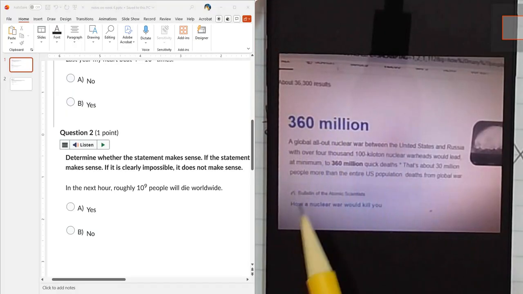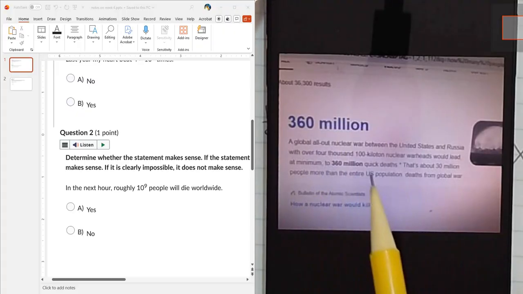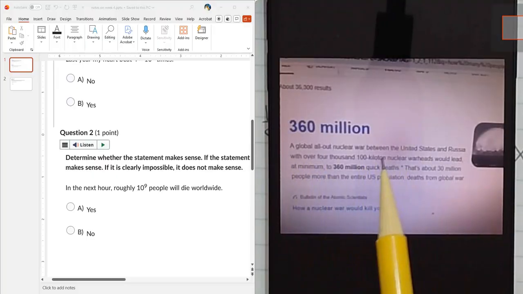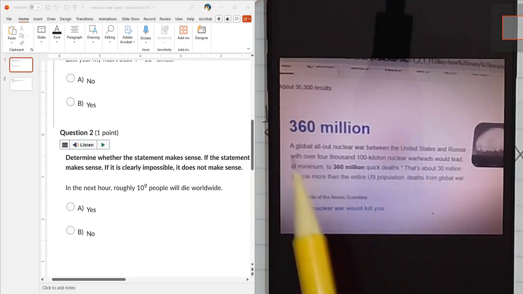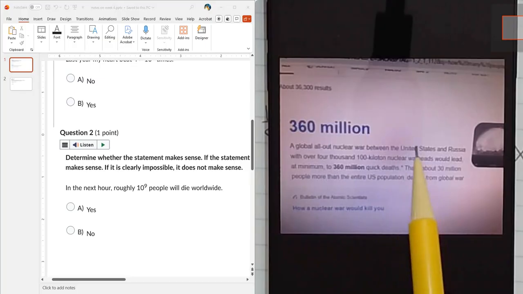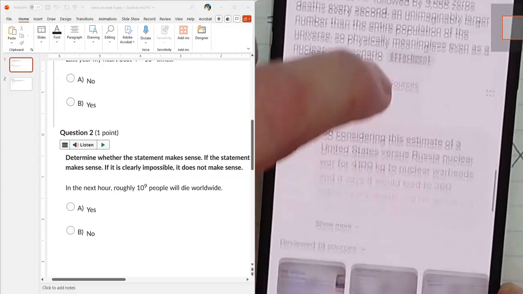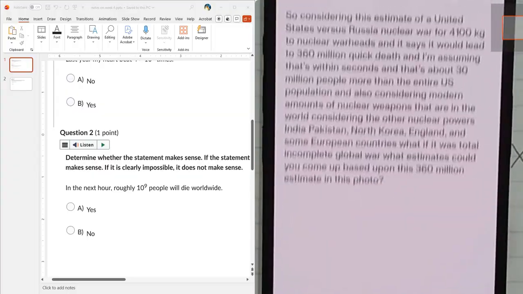So I decided, okay, let me look at this. This was an estimate that I was able to get if it was simply based upon 100 kiloton nuclear warheads, and we had 4,000 of them simply between the United States and Russia. So what I wanted to do was question the AI.